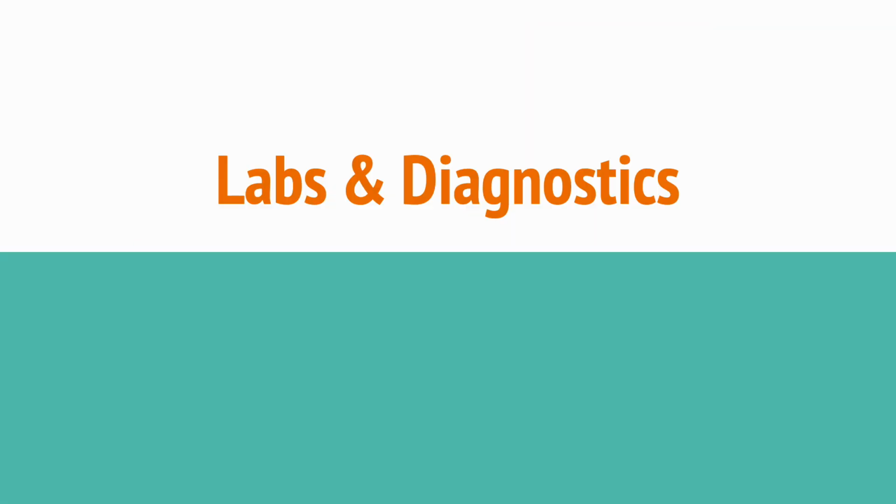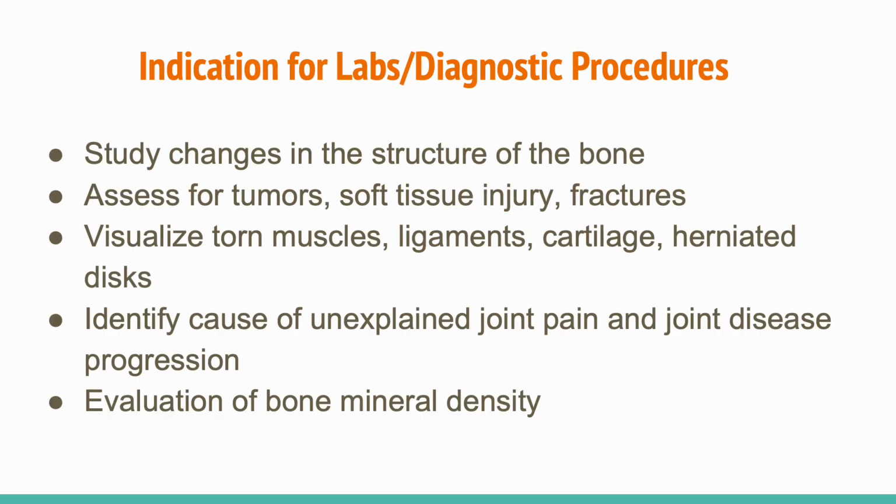Now let's quickly talk about the labs and diagnostics done to assess bone function and musculoskeletal function. So why are labs and diagnostic procedures even indicated, right? Because different diagnostic studies provide different types of information depending on the suspected disorder.